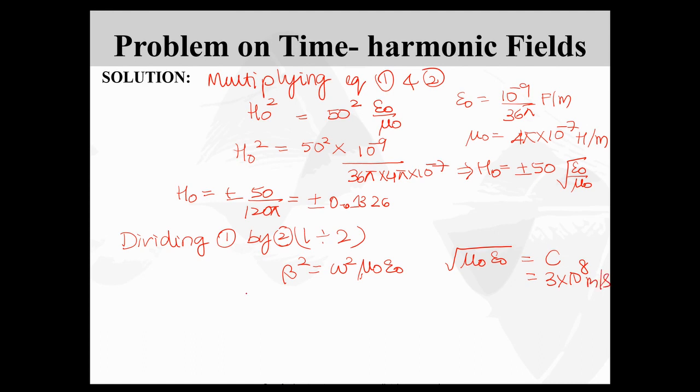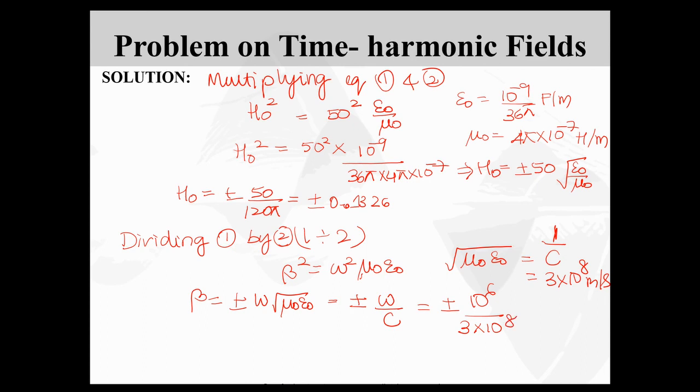So beta will be a value which is equal to plus or minus omega times root of mu naught into epsilon naught, which is nothing but plus or minus, but this is 1 over c. So this is omega by c. So this will give us plus or minus omega is 10 raised to 6, c is 3 into 10 raised to 8.